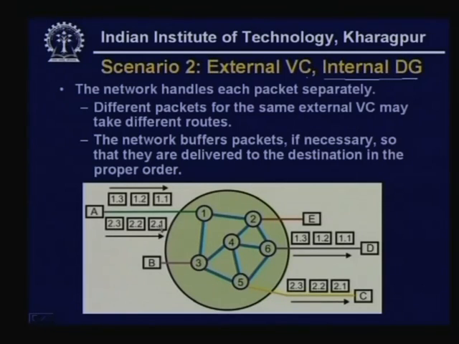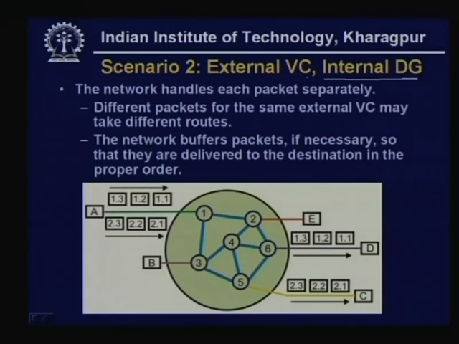However, since internally it is datagram, this packet 1.1 can go in this route, the other packet can go in this other route, the third packet can go in a different route. Similarly, 2.1, 2.2, as they enter the switched communication network, may follow different routes.